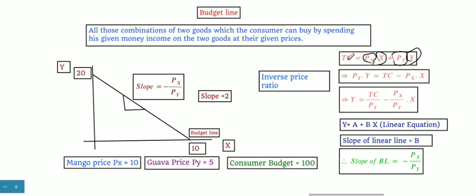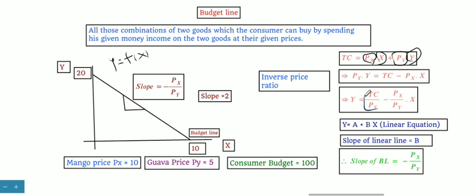When we add, we get the total cost. So y is a function of x, and this line we have to find. So we keep the py into y in the same place, and we move this px into x here. So tc minus px into x equals py into y. When we want only the y, we get tc divided by py minus px divided by py into x.